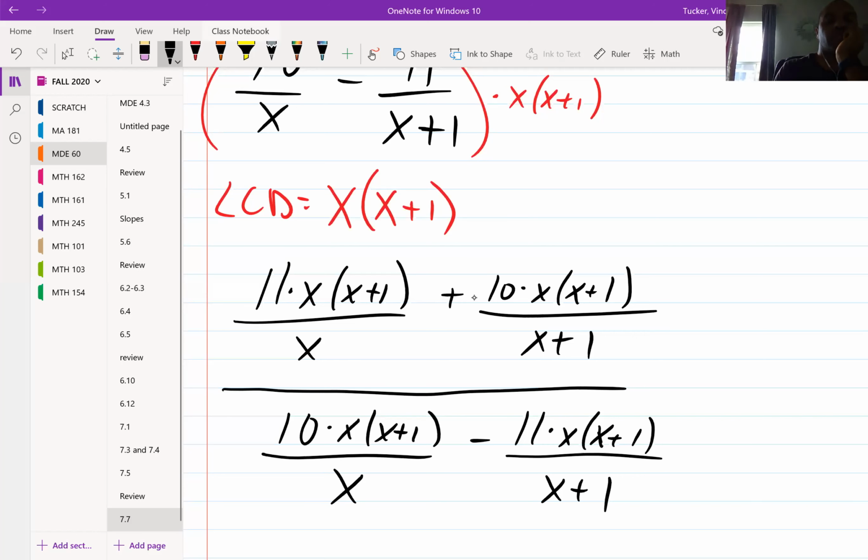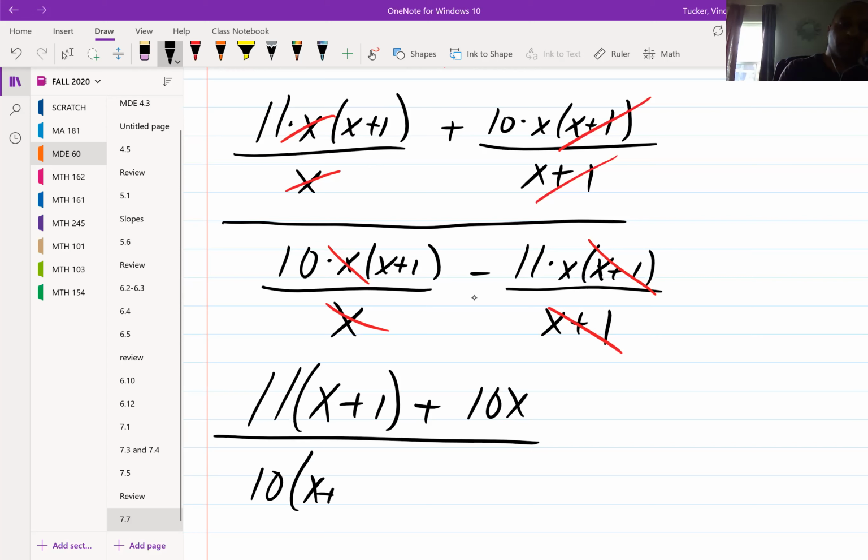X's can cancel out here. The quantity x plus 1 cancels here. X cancels here, excuse me. X plus 1 cancels here. So what we're left with now is 11 times x plus 1 plus 10x over 10 times x plus 1 minus 11x.